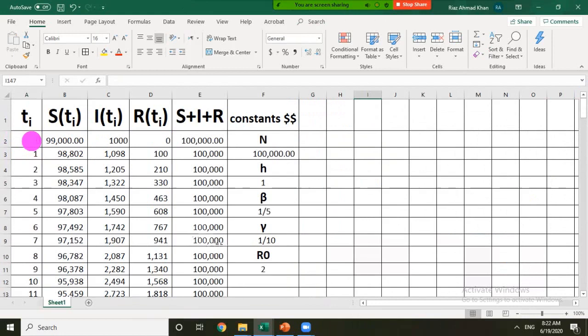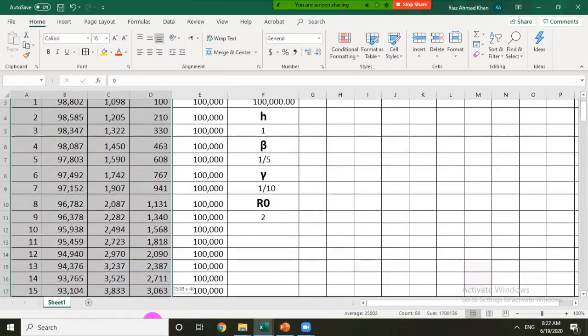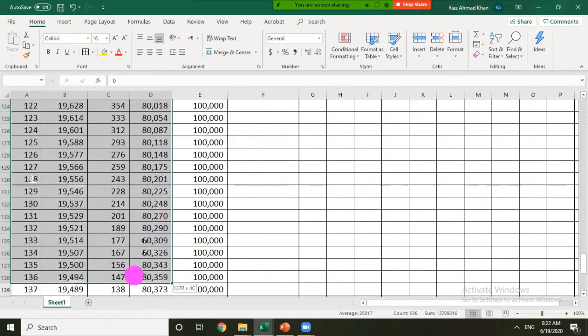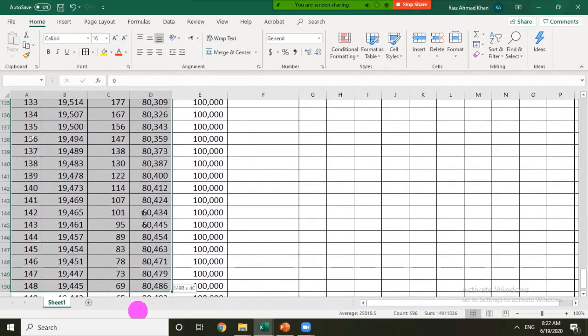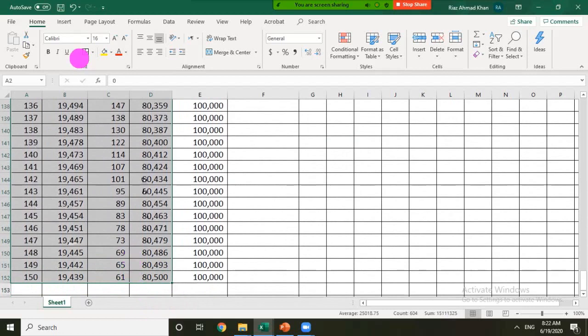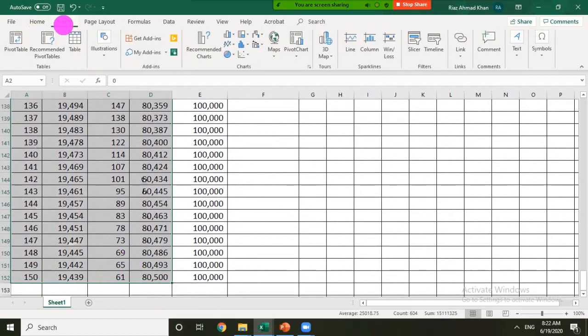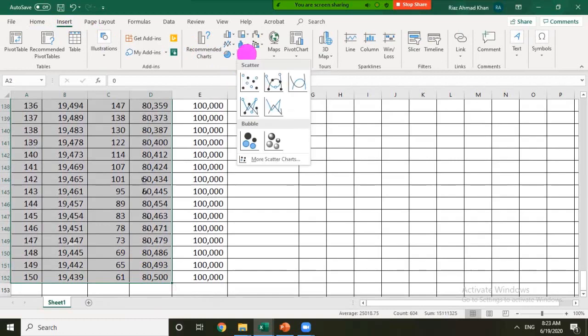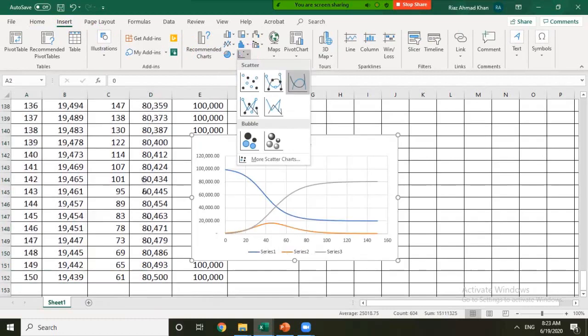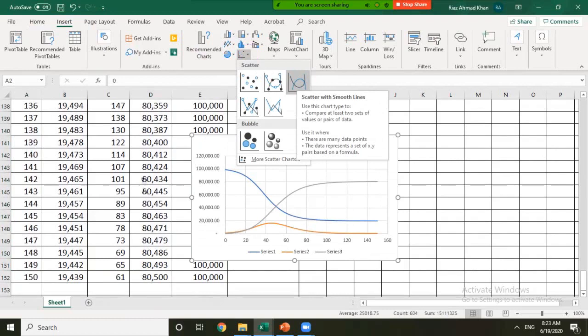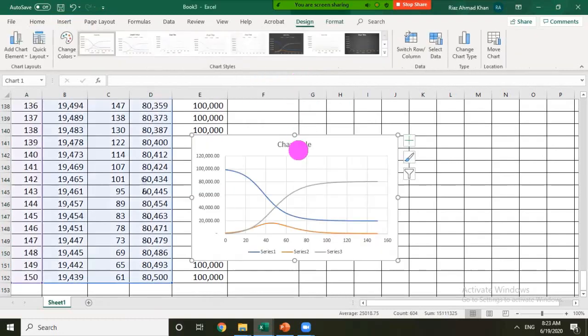Now let us sketch the graph of S, I, and R. So select all these values, all these 4 columns, and click Insert, Charts, and this one is okay.